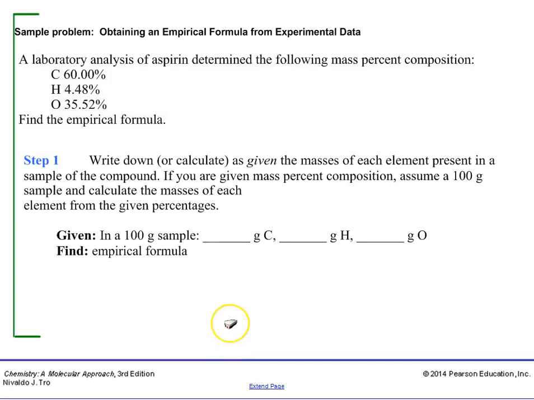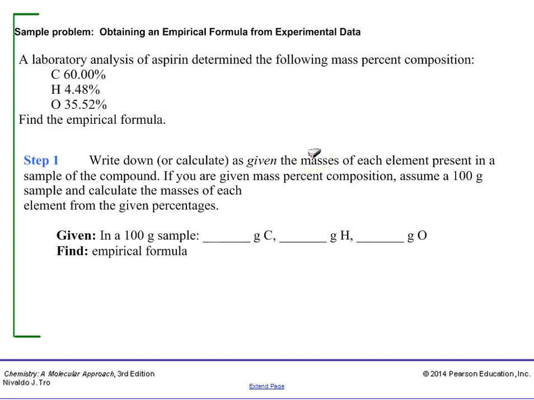So here's an example of aspirin. It has the following mass percent composition: 60% carbon, 4.48% hydrogen, and 35.52% oxygen. So first we're going to figure out the empirical formula, then the molecular formula. If it's given in grams, we use grams.